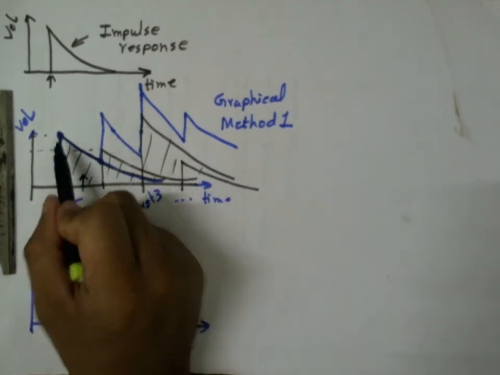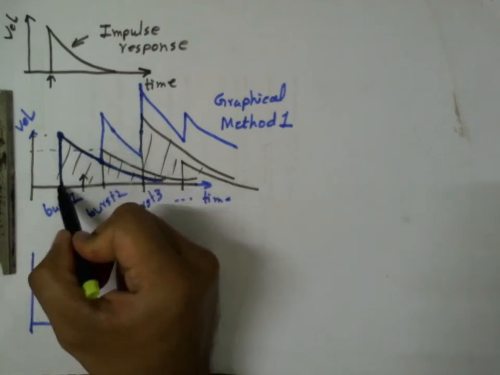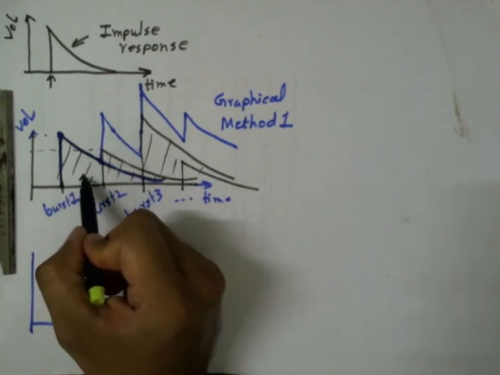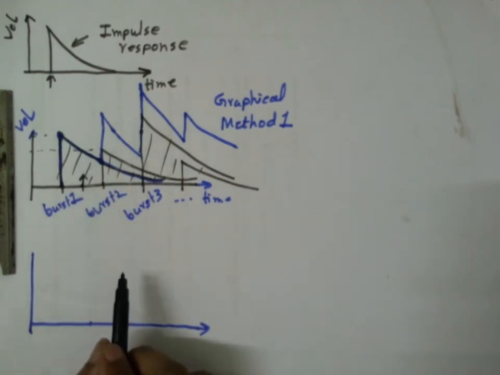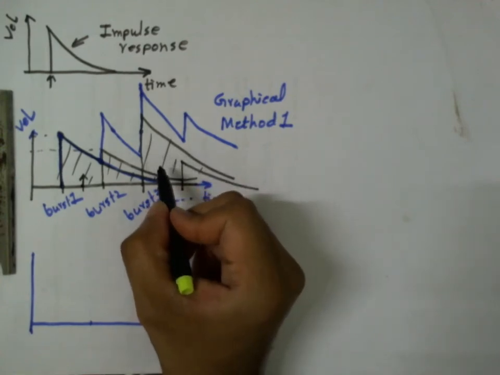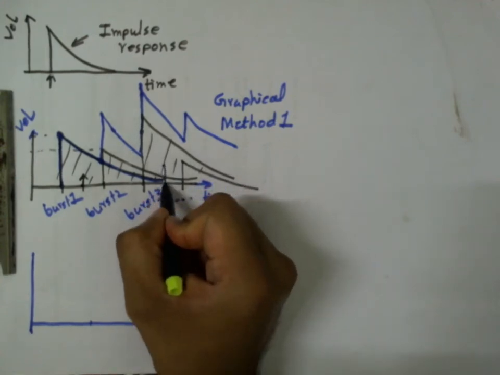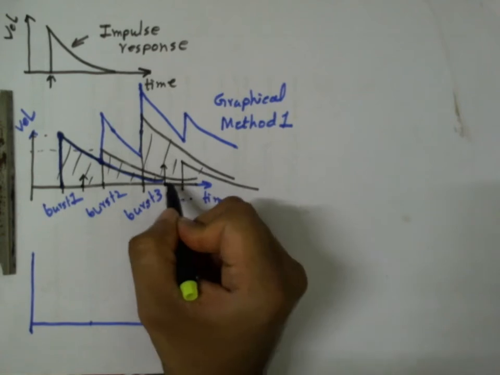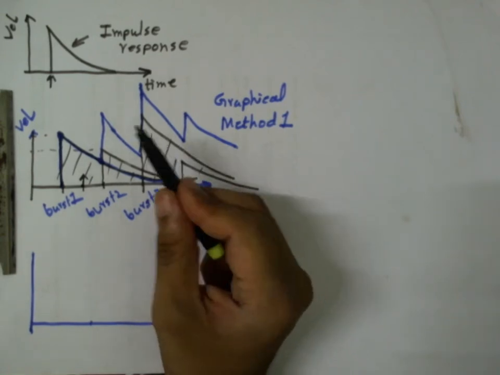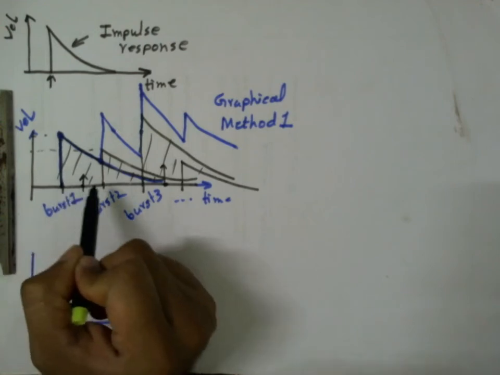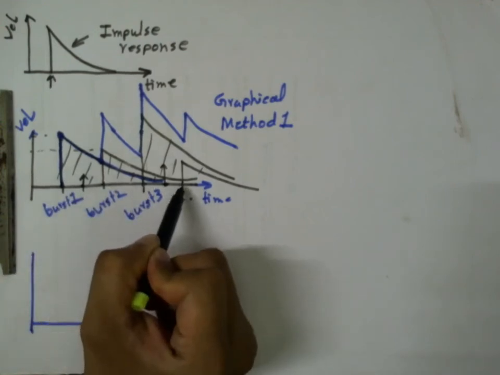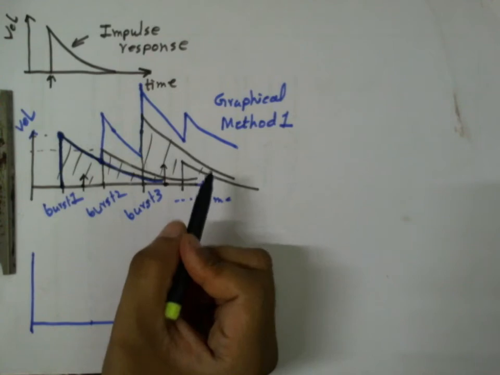We can consider only burst 1 because only burst 1 is responsible for generating the velocity at this instance. Similarly, if I am interested only in the velocity at this point, then I have to consider only the effect of bursts 1, 2 and 3, but not 4 and so on, right?